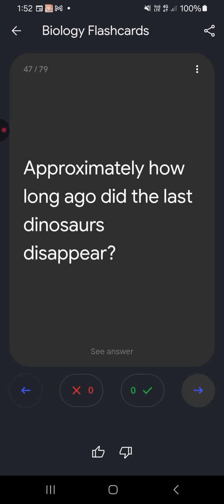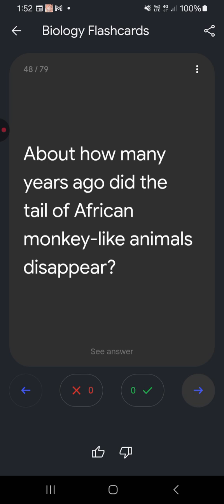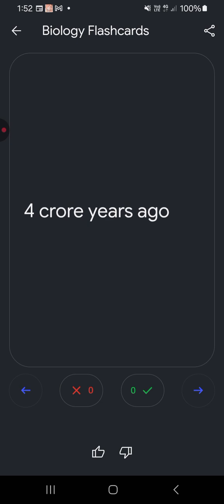Approximately how long ago did the last dinosaurs disappear? About 7 crore years ago. About how many years ago did the tail of African monkey like animals disappear? 4 crore years ago.